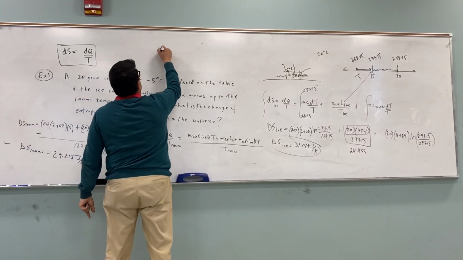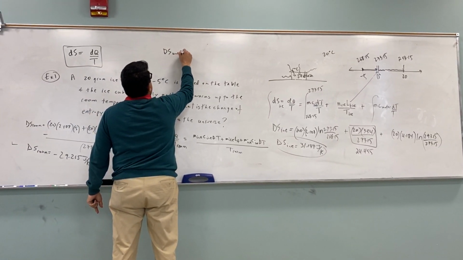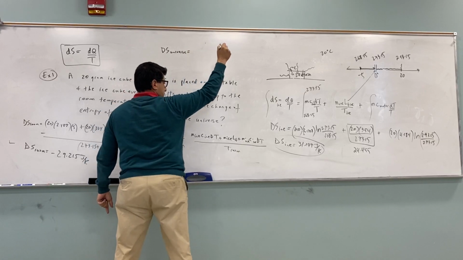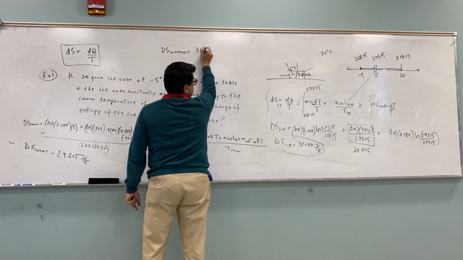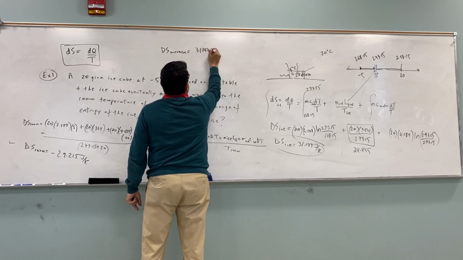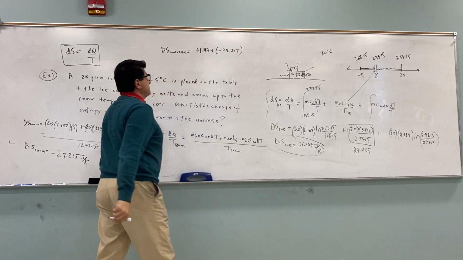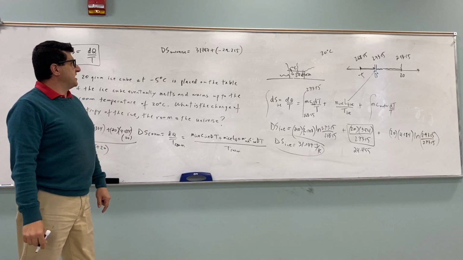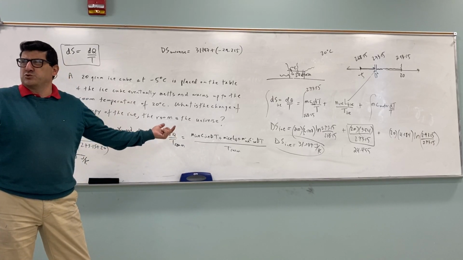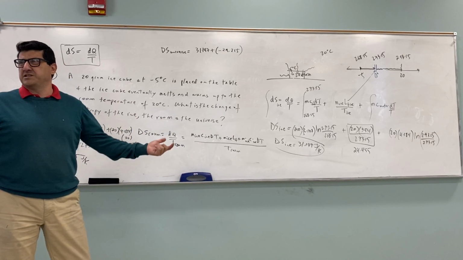So change in entropy of the universe, 31.147 plus -29.215. Now you say it didn't increase that much, yeah, but I only had a 20 gram cube of ice. Of course it didn't increase that much.